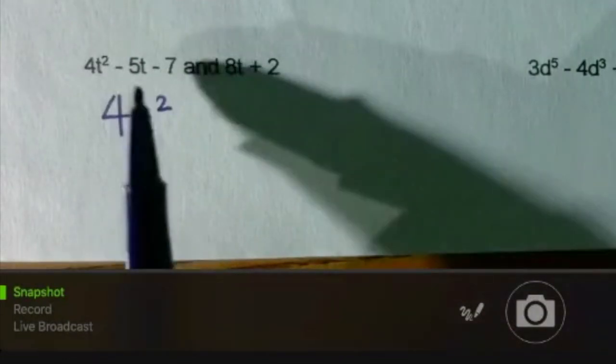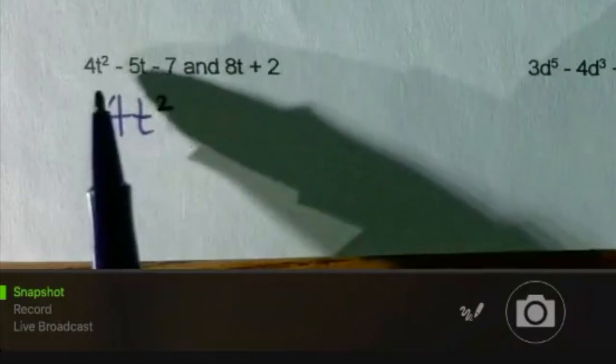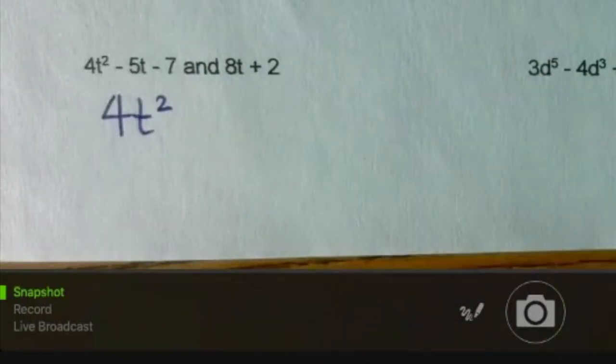Can I combine 5t and the 4t? Yeah. I can? What does the 4t have with it that the 5t doesn't? The squared. So can I put them together? No. So 4t squared is the first thing I write. You're correct. But then you told me I can't combine it with anything. And you were correct again.